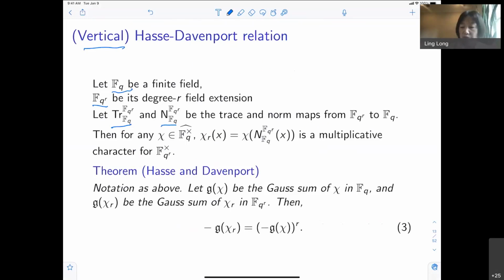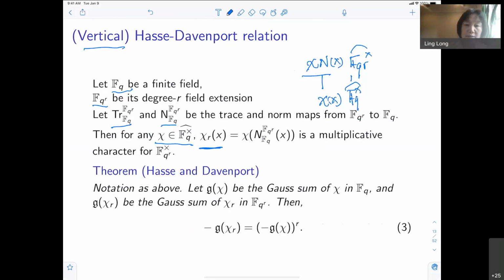Now, if you have a multiplicative character chi of F_q, you can lift it up by first applying the norm map and then composing with chi. So this is a multiplicative character for the bigger field extension, and this induced character is called chi_r.